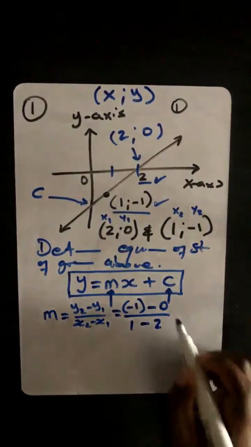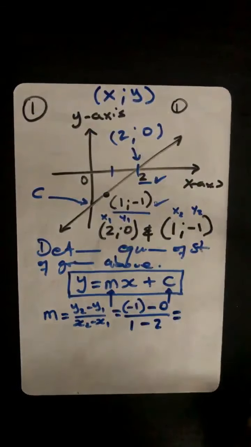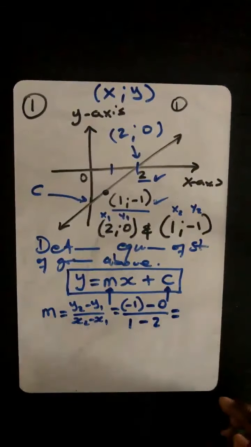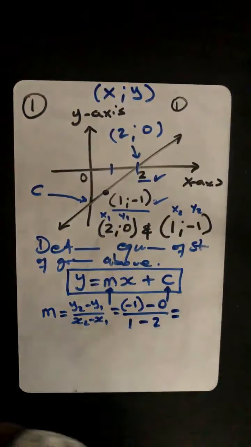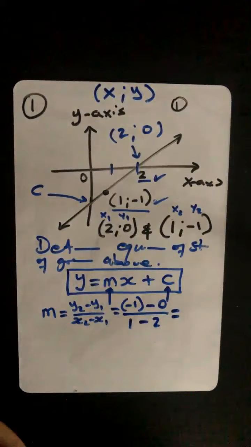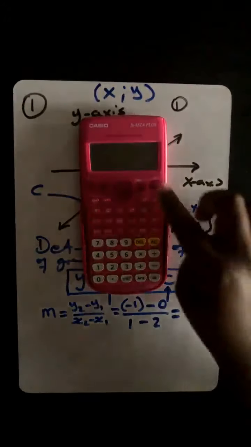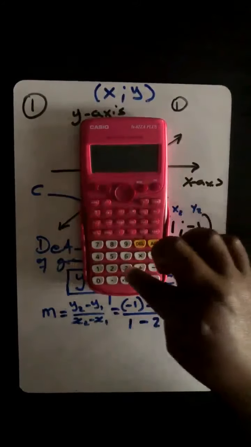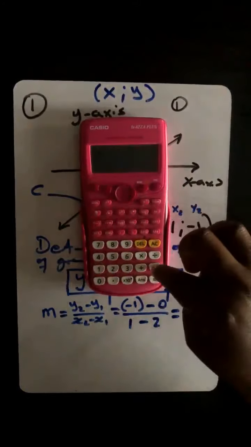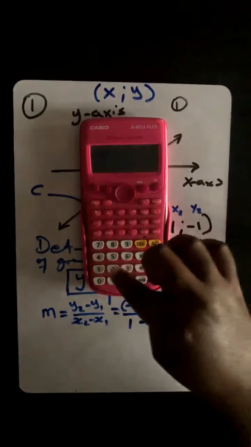So guys, is there someone who's got a calculator who punched all of that in? Can the two of you let me know what the answer is for that calculation? So let me see. Fraction button, -1 minus 0 at the top, over 1 minus 2 at the bottom.